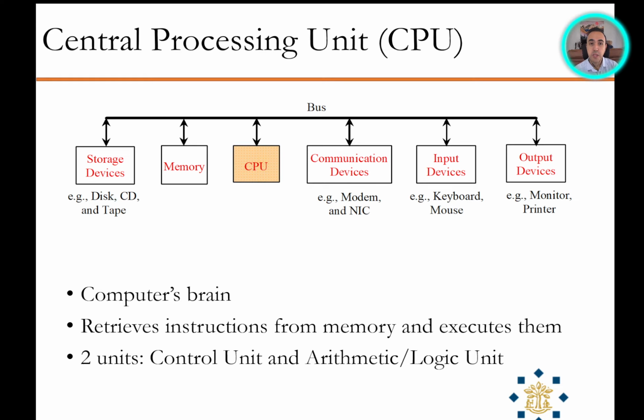We'll start talking about each piece and each component one by one, starting with the central processing unit. A central processing unit is short for CPU. This is basically the computer's brain. It retrieves instructions from memory and executes them. It has two units, the control unit and the logic unit.